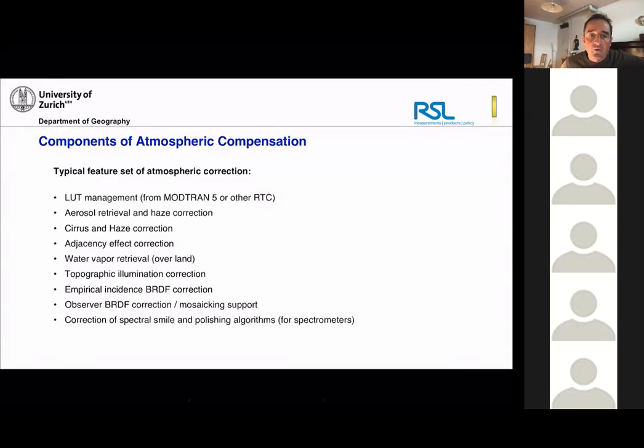If you want to do an atmospheric correction, you need all that I have been explaining before, like a lookup table, these parameter retrievals, and you need to know about BRDF, topographic influences, and so on. I won't go through the full list because I have explained this before.